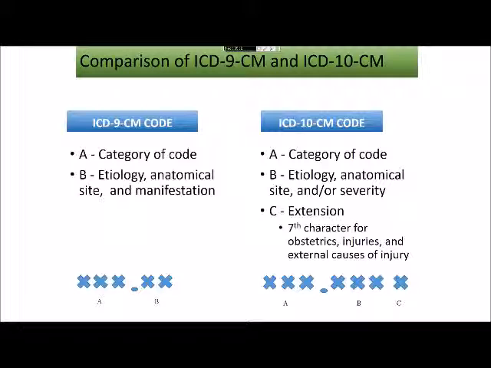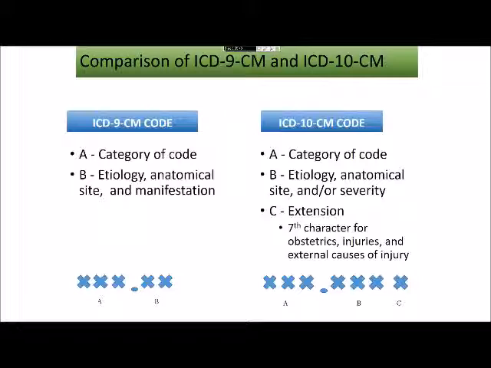The slide is comparison of ICD-9-CM and ICD-10-CM. ICD-9 code contains Part A and Part B. Part A is category of code. Part B is etiology, anatomical site, and manifestation.